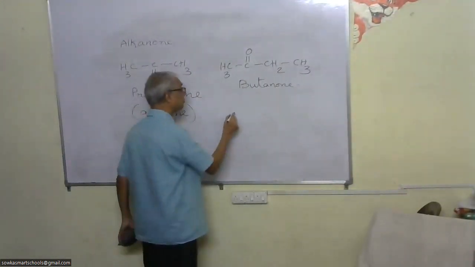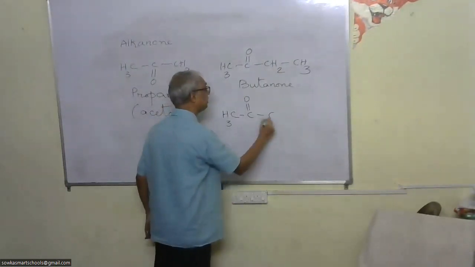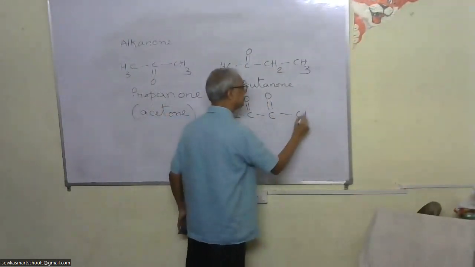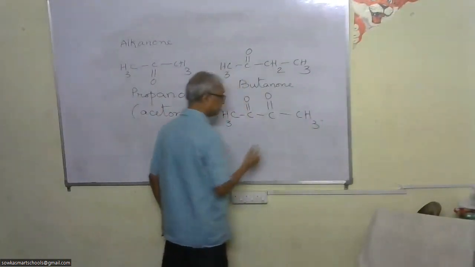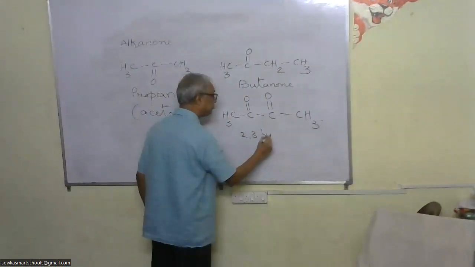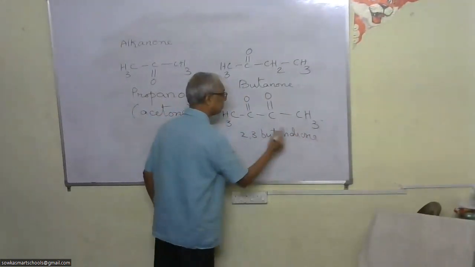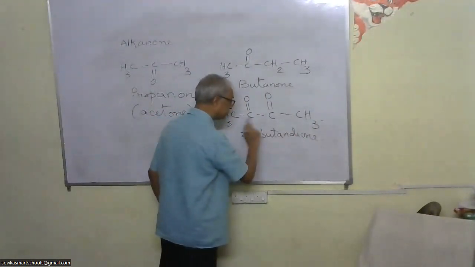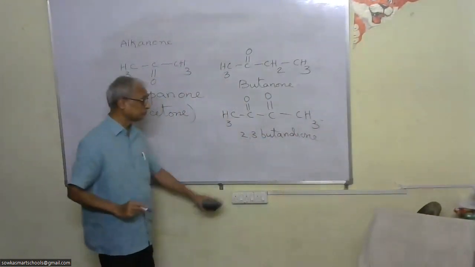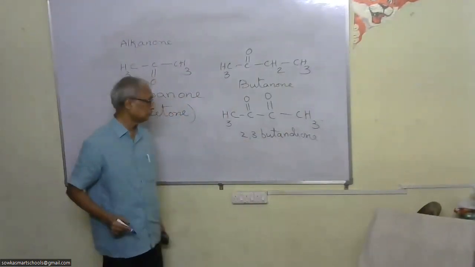And some diketones are also there. CH3, C double bond O, C double bond O, CH3. This is 2,3 butanedione. Since there are 2 carbonyl groups, it is di, and because it is a ketone, one, dione.